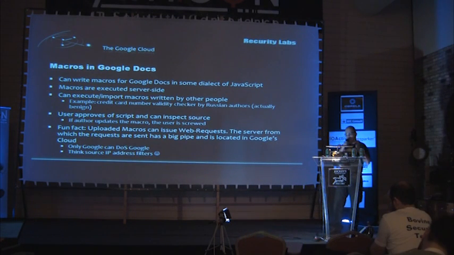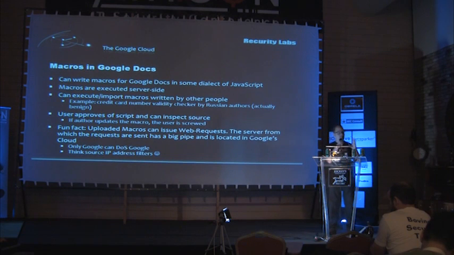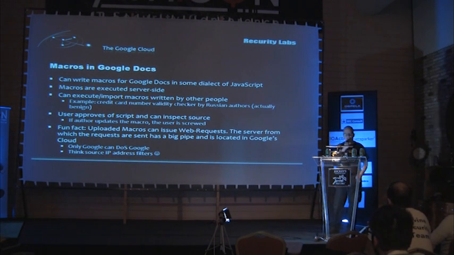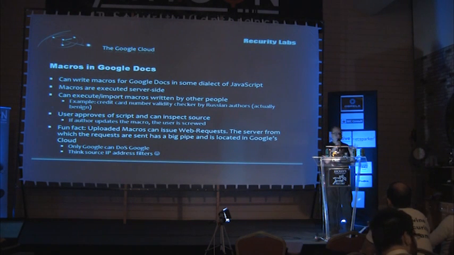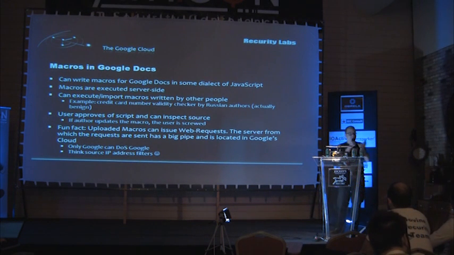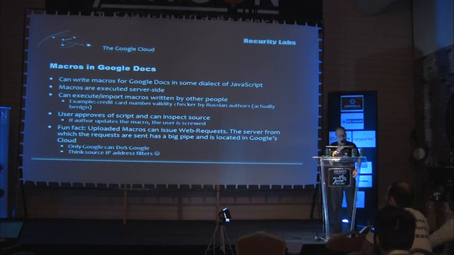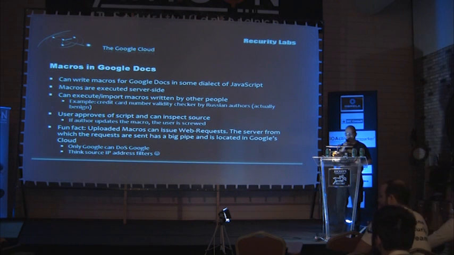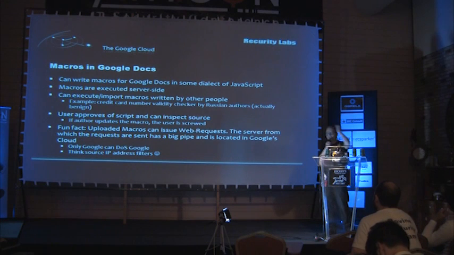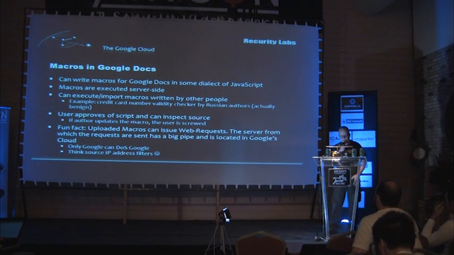What we found really interesting, one of the leading macros used by the most people on Google Docs is a credit card number validation checker by a Russian. And it's actually legitimate. It's actually not stealing stuff. So it's the one Russian that gets a shitload of credit card numbers and does not misuse them. I found this good. But as I said, if he ever turns sides, then everyone is fucked.